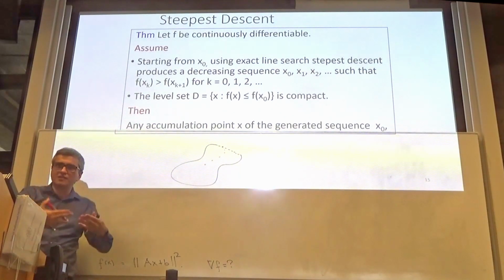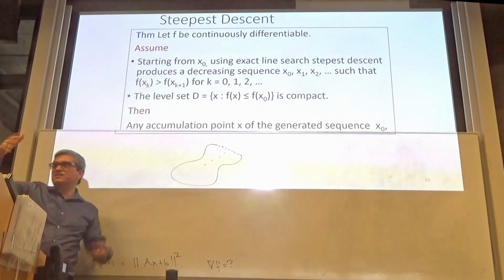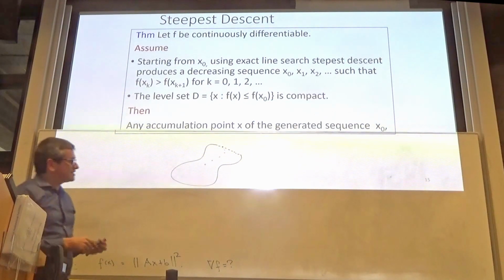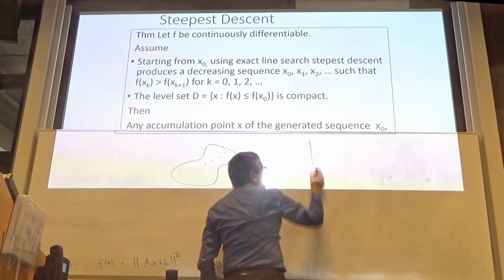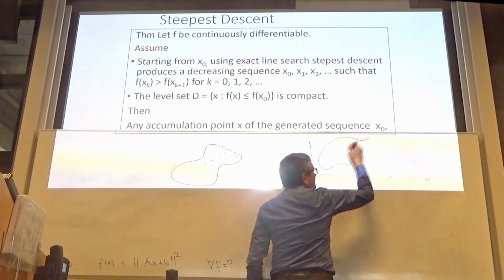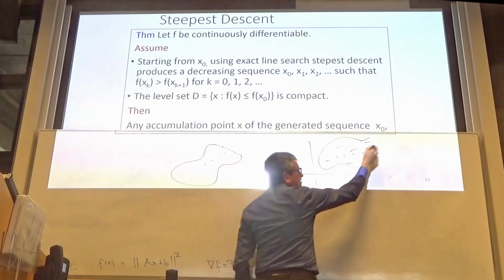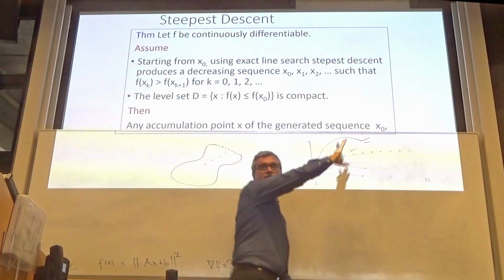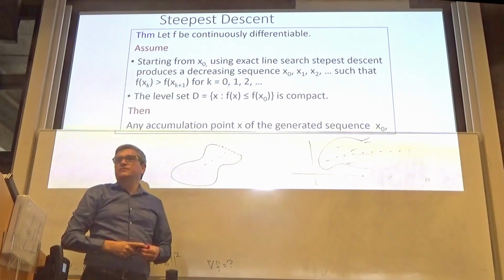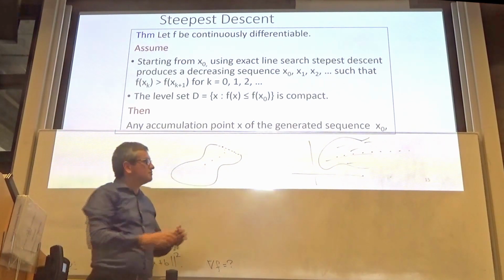If the boundary is not there and I'm minimizing, it might happen that my limit point is in that boundary, which is outside the set. The other problem could be if my set is unbounded. Let's say my set grows like that. Then my sequence can just keep going in that direction, and therefore I will not converge, again because the minimum maybe happens there.